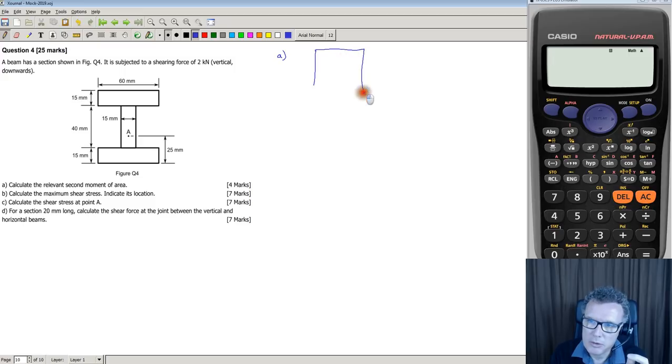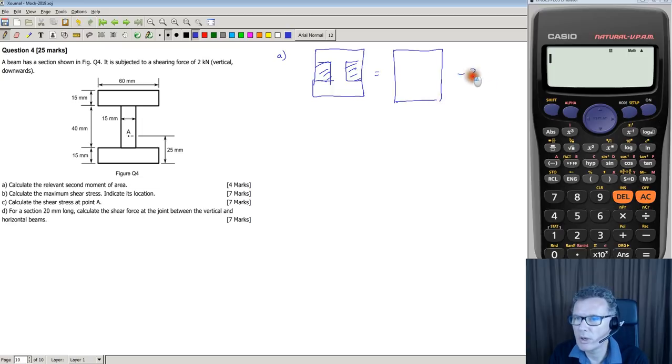So treat this as a box with 2 sections cut out. So your I is going to be a big box, take away 2 of these sections. Okay, so you can treat the second moment of area just like an area. So, same deal works there.